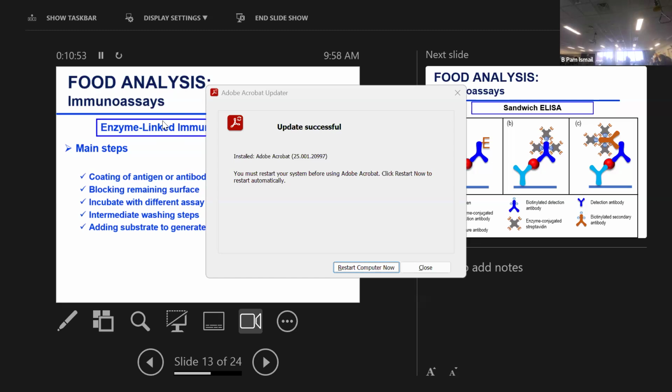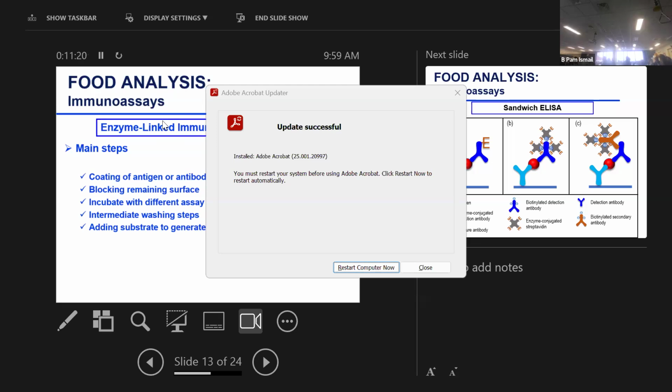Let's just do the direct ELISA, with a direct detection antibody. So it will be an antibody that is labeled with the enzyme. And then you do a wash. Every time, let it react and then wash.